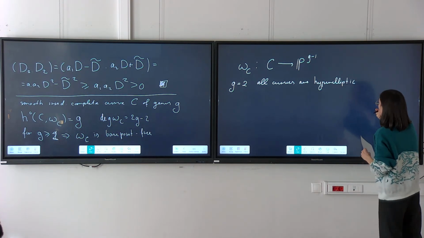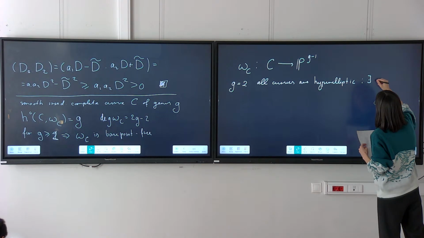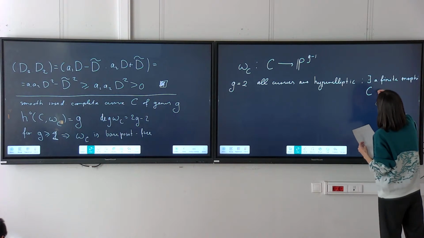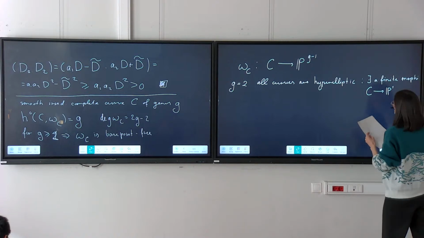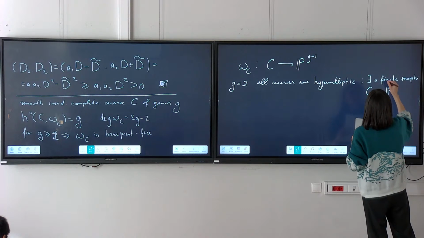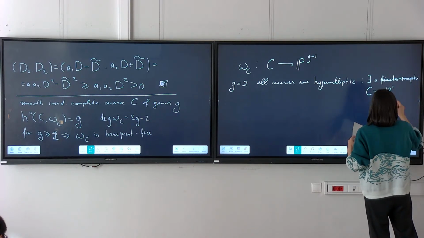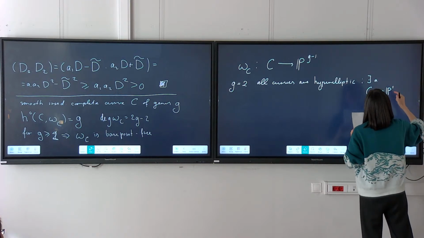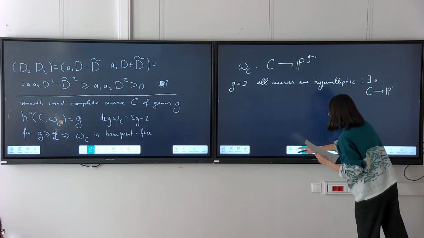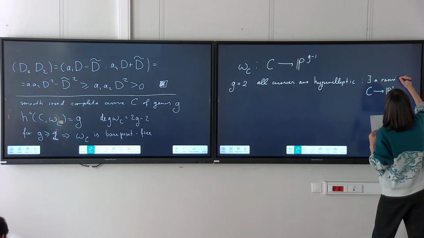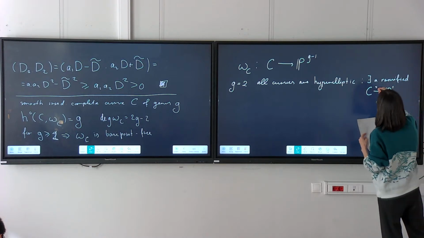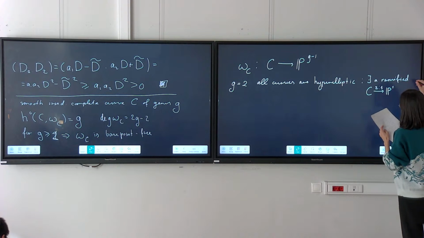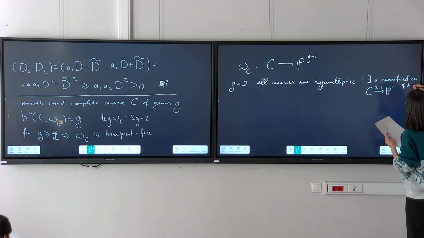And hyperelliptic means that there exists a ramified double covering of P1, a covering from C to P1 of degree 2.